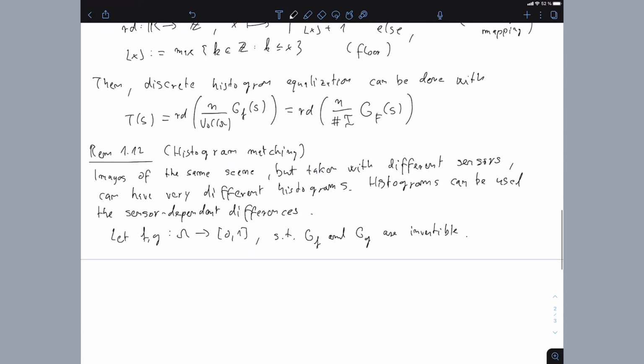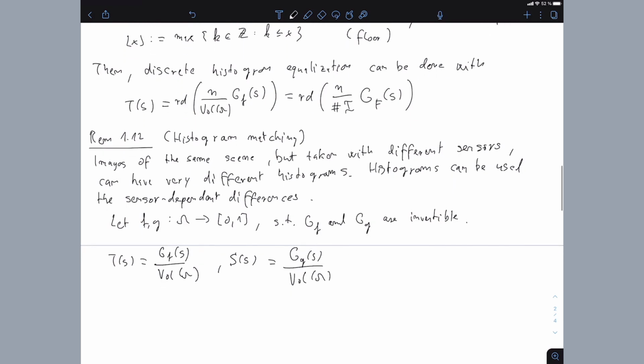And we take these intensity transformations from the equation. The one for f is called T, like before, and the one for g is now called capital S, so I should try to distinguish it from the small s. And now we are allowed to transform the histogram of one image to the other image.